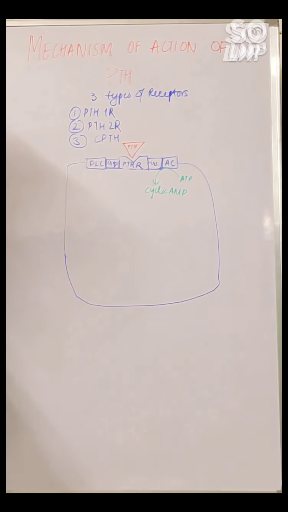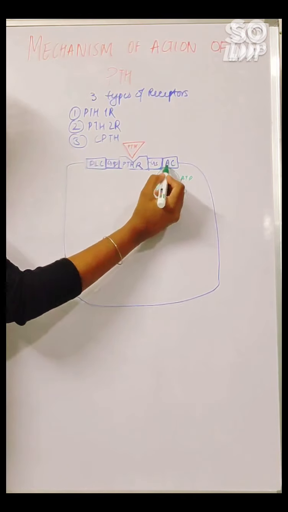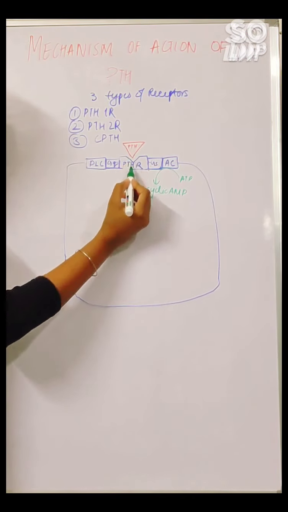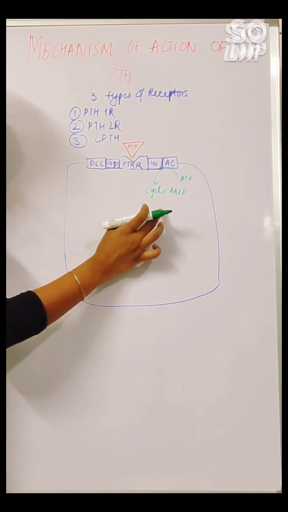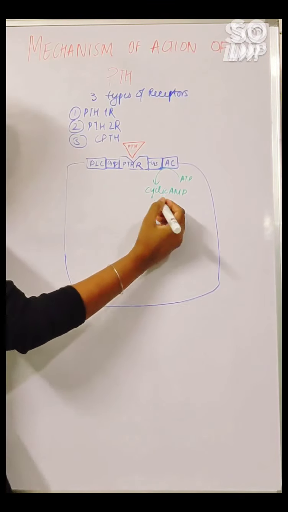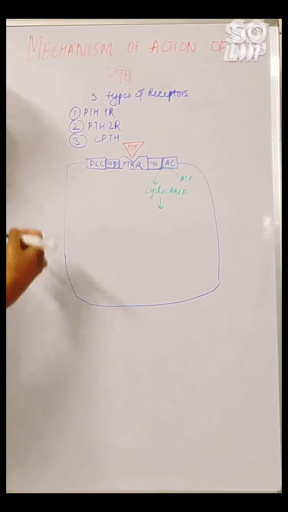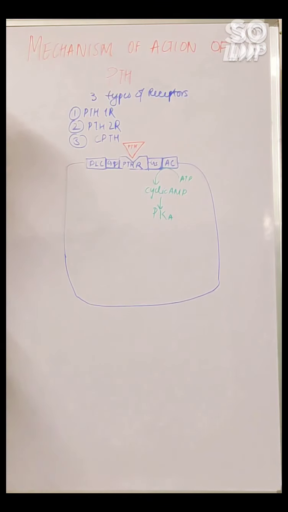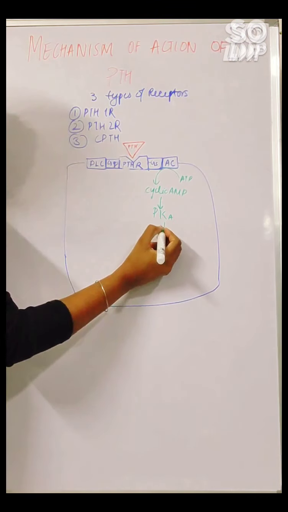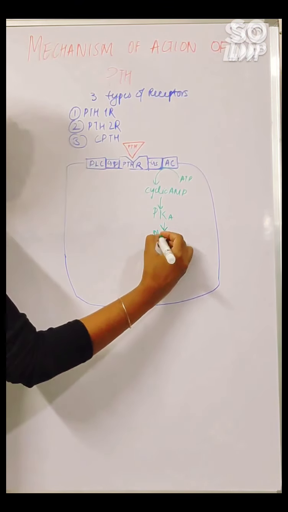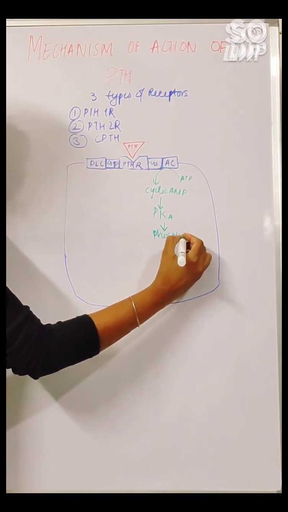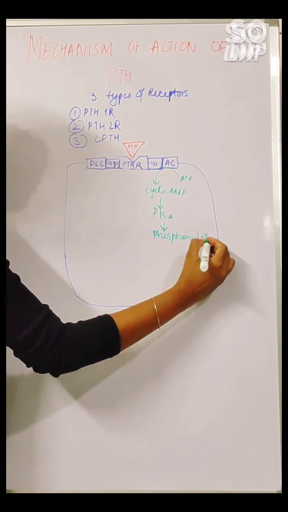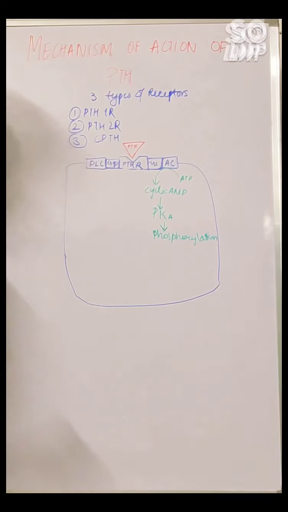When there is stimulation of the adenylate cyclase as a result of binding of PTH, this cyclic AMP is liberated. What does this cyclic AMP do? It activates protein kinase A. This protein kinase causes phosphorylation of the intracellular proteins.